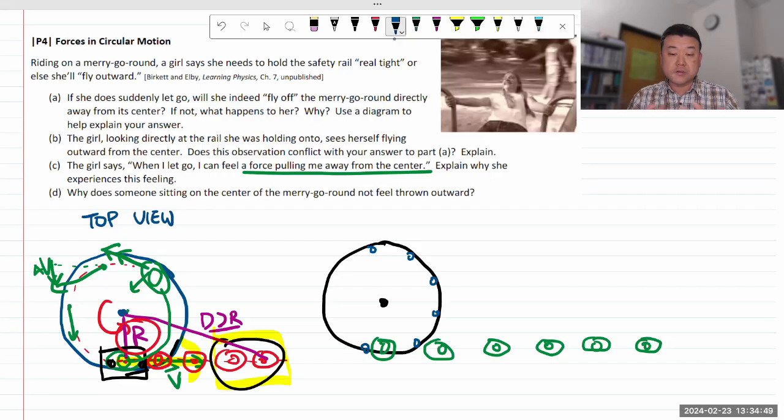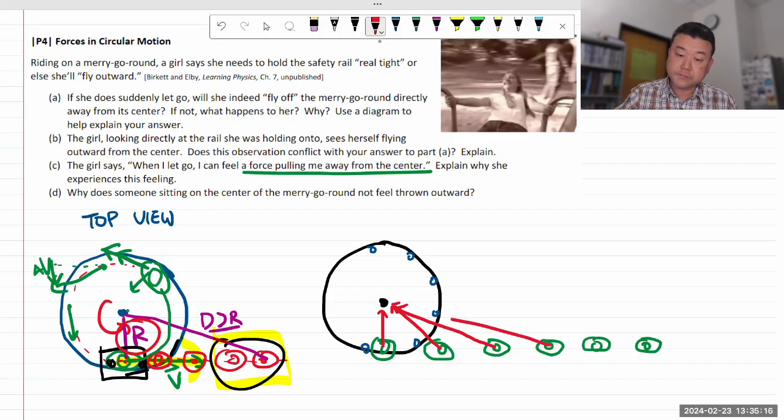So let's look critically at what the girl sees as she looks back at the center of the merry-go-round. So you start out with the railing being to her left, and watch this line of sight from the girl on the merry-go-round back to the center of the merry-go-round.